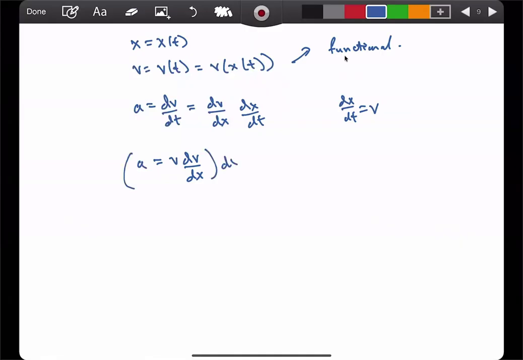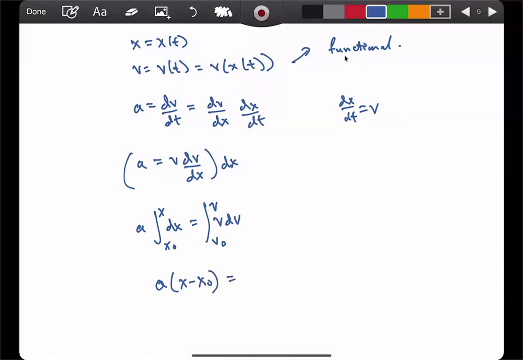So we're going to multiply both sides by dx. Left-hand side, again, I get a, which is a constant, so pull it outside. I'm going to get a dx from x initial to x final is equal to v dv integral from v initial to v final. My left-hand side is simply a times the integral of dx, which is x, evaluated from x0 to x.